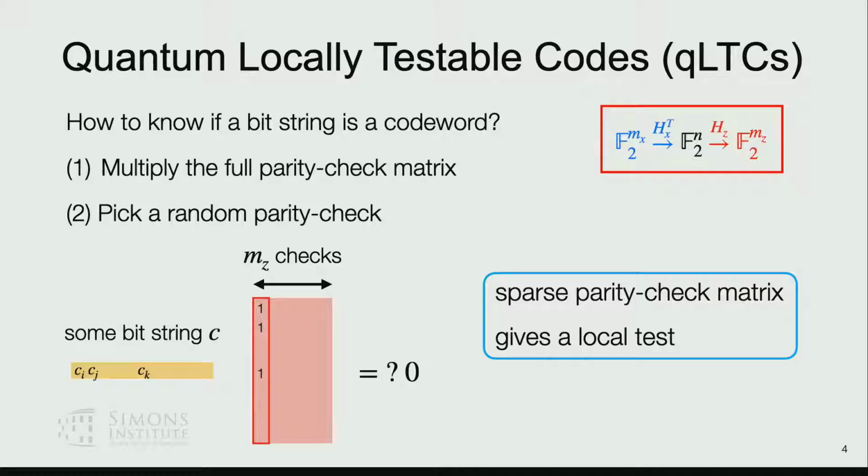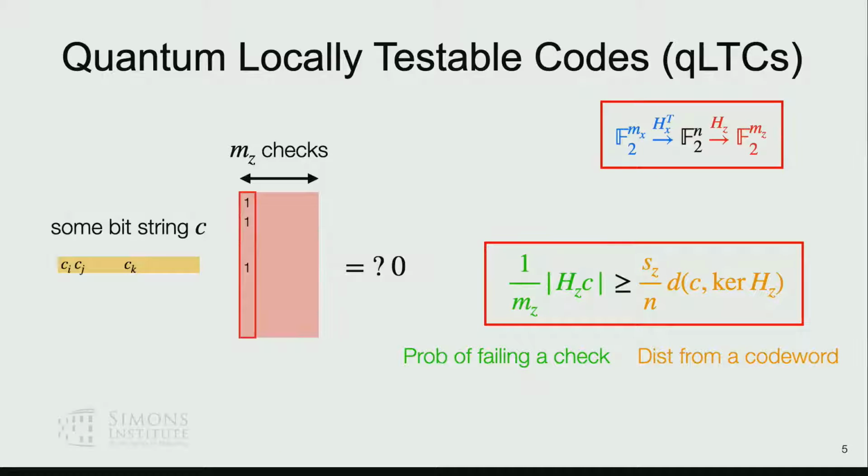And the condition for being a locally testable code is exactly saying that this local test, the second one, is almost as good as the global test. This can be summarized into this inequality. On the left is the local one, and on the right is the global one. Here, H applied to C is the number of failed checks, where C is the word being tested.